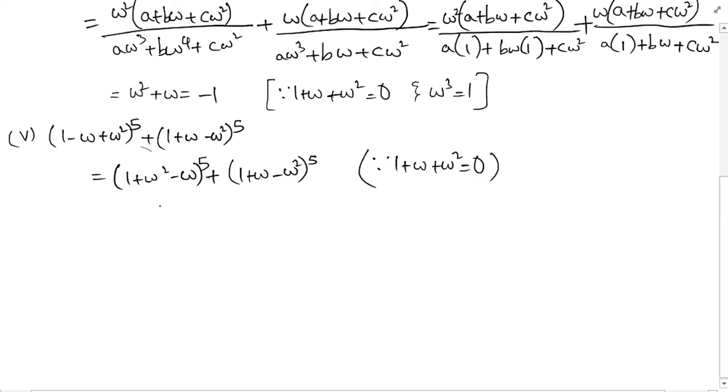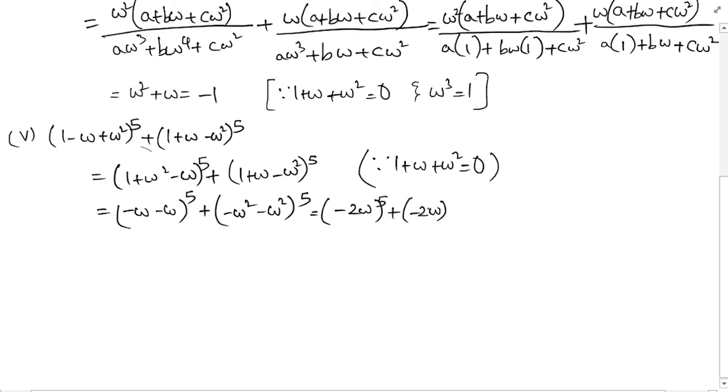So now this can be written as (minus 2 omega) to the power of 5 plus (minus 2 omega square) to the power of 5. Here 1 plus omega square we can write as minus omega, and 1 plus omega can be written as minus omega square.